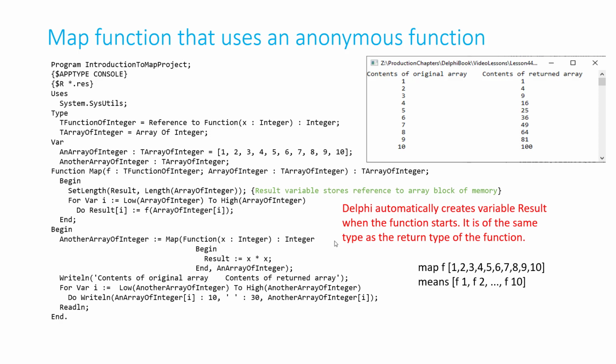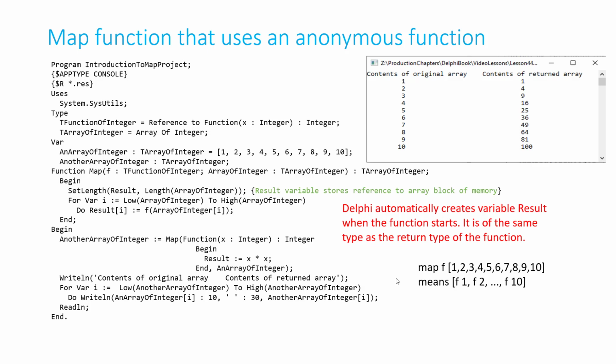So in shorthand notation, map applies the function f in turn to each element of this integer array, and it means, again in shorthand notation, f is applied to 1, f is applied to 2, etc, and f is applied to 10. So we get the square of 1, which is 1, the square of 2, which is 4, etc, and the square of 10 is 100.